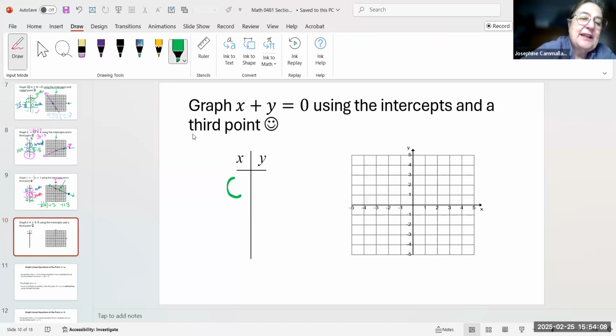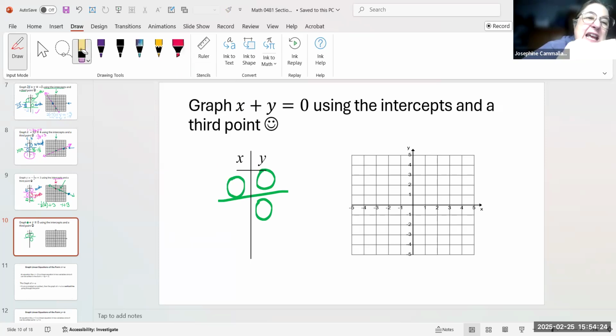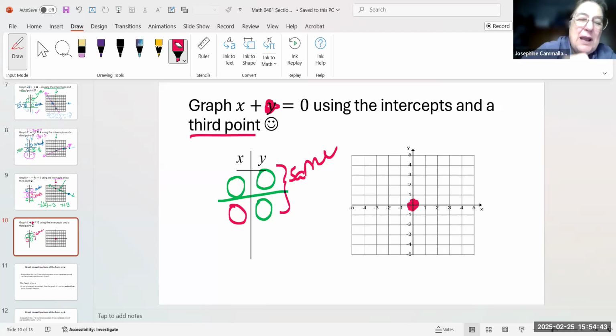I still have to use my intercepts, but I want you to notice what happens. If x is 0, y is 0. If y is 0, x is 0. Do you notice that these are the same points? They're right here. That's why I need this third point.